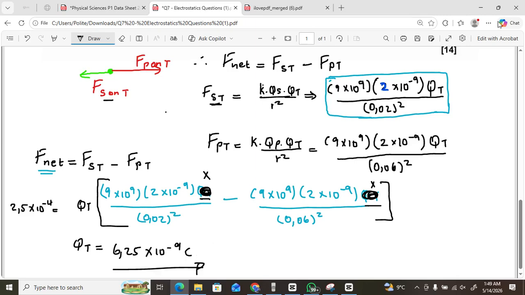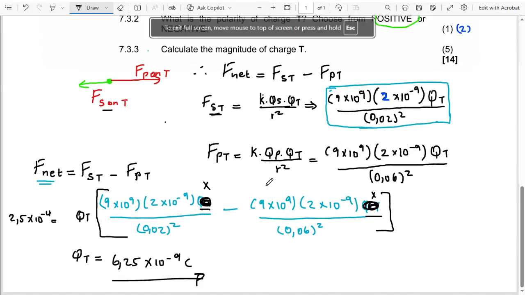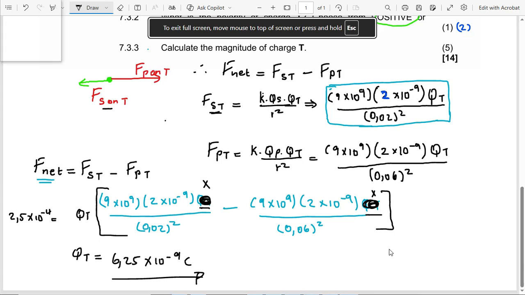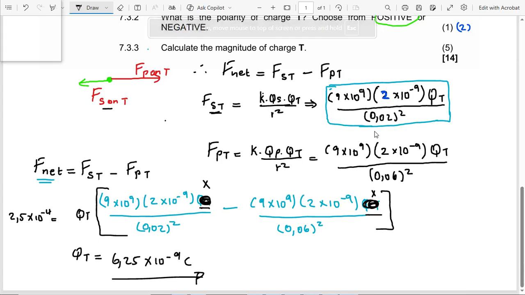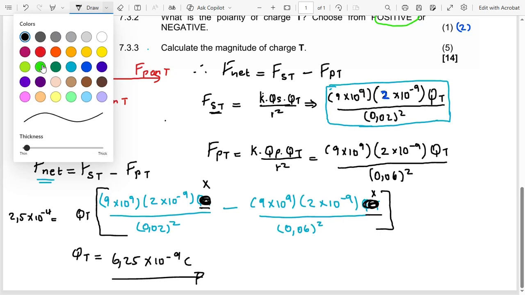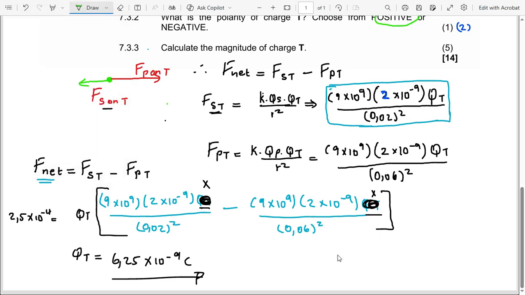Just a quick revision of what we did here. Let me just quickly rewrite everything down there so that we are on the same page before we end the lesson. So what we have inside the bracket is 40,000. And then this 40,000 is multiplied by QT.